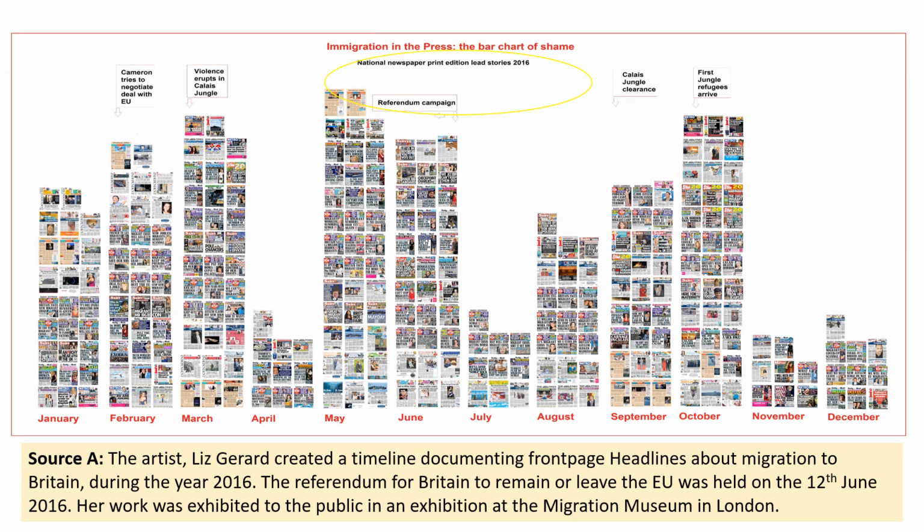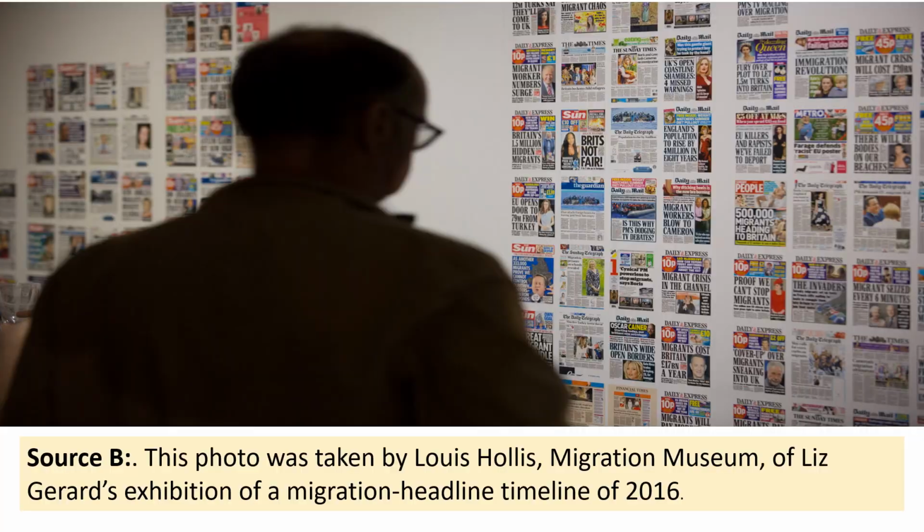We're going to now move into another source which just zooms in on some of these headlines. So source B is a photo taken by Louis Hollis of the Migration Museum, and it's the same bar chart that we saw, but a little bit closer up, so you can see some of the headlines here.